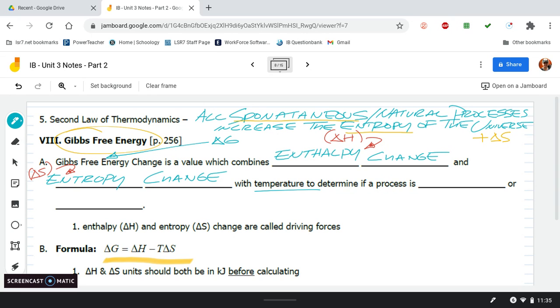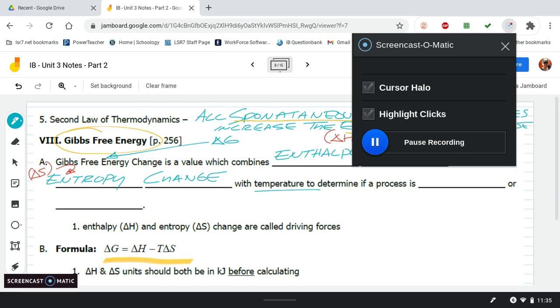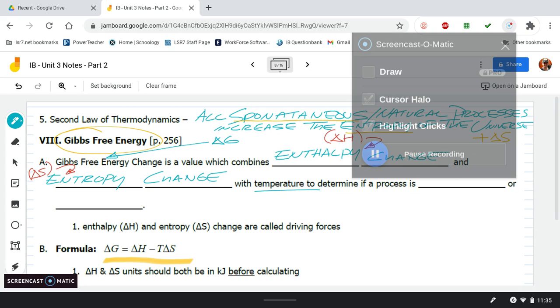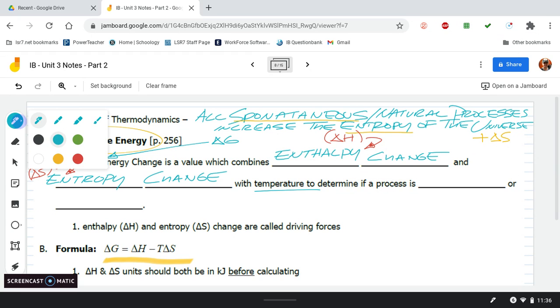And so what this is going to do for us is tell us if something's spontaneous or not. So we've got the enthalpy change and entropy change, and then the temperature, and that's going to determine, and this is what a lot of the questions ask, they just say, is this spontaneous or not? And that's it.